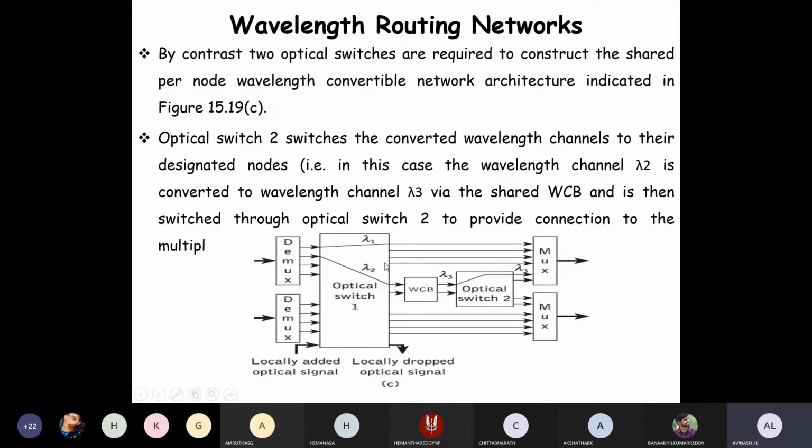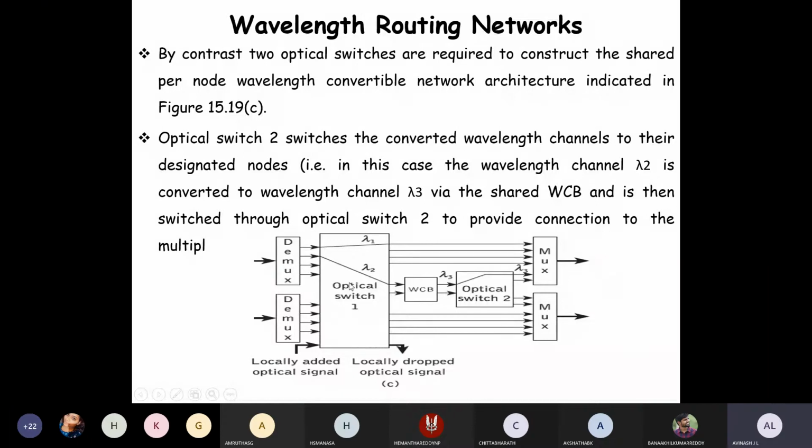That is the C diagram. This is a still further extension. In this extension, you can see the same thing: the demultiplexer will be the initial part and the multiplexer the final part.